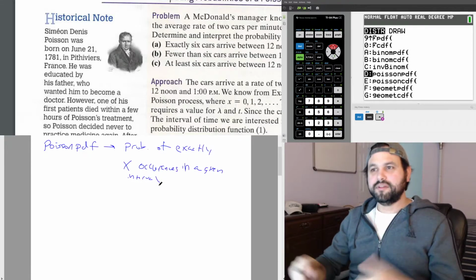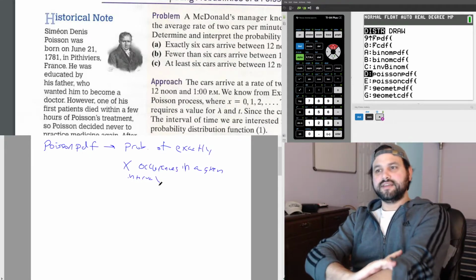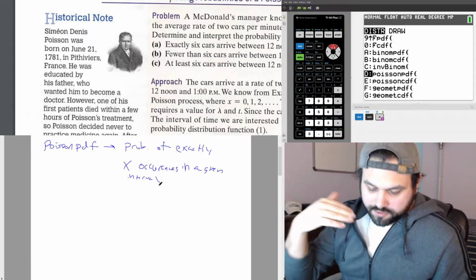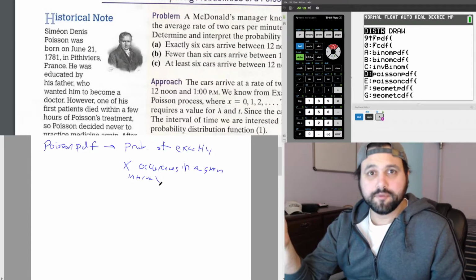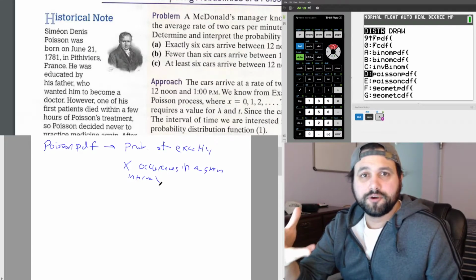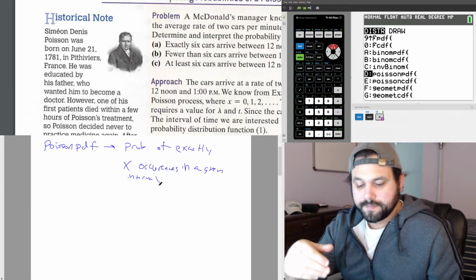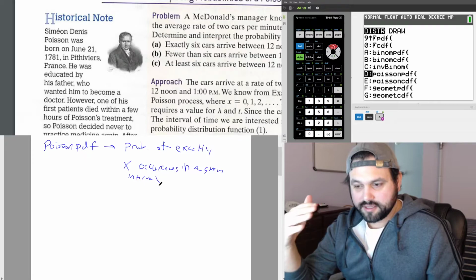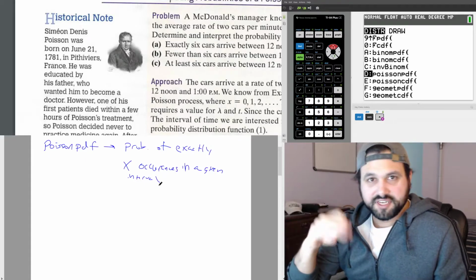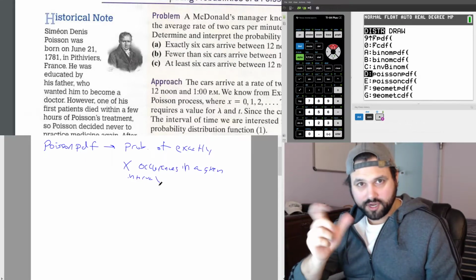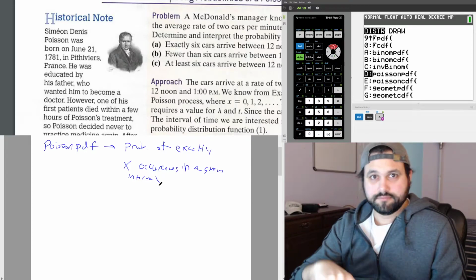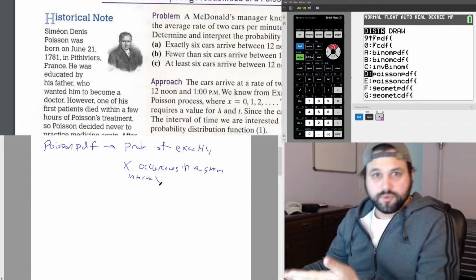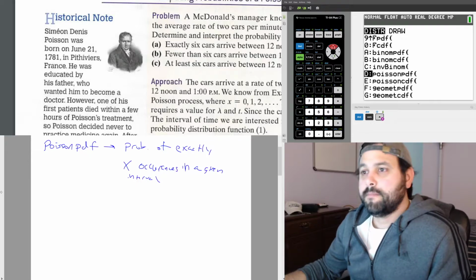For example, if we looked back at that example the book used, 2 cars per minute arriving at the drive-through, and we wanted to know the probability that exactly 15 cars arrive in this 20-minute interval, we would just use Poisson PDF.